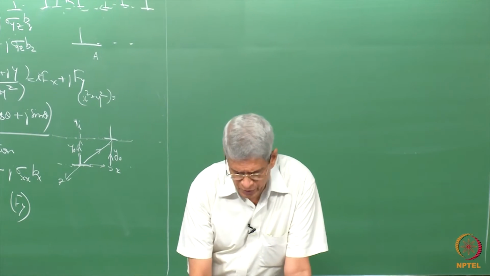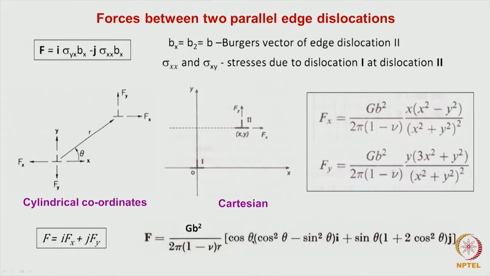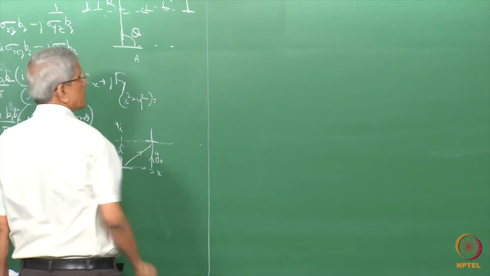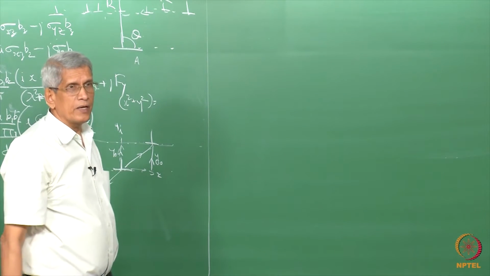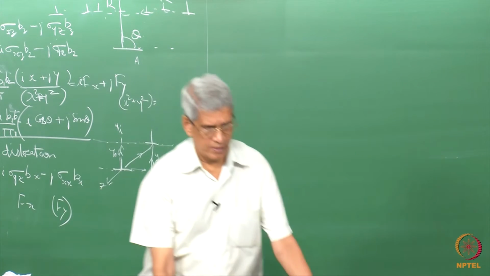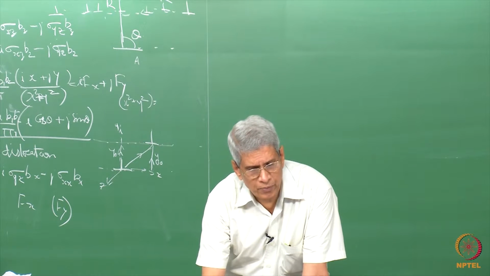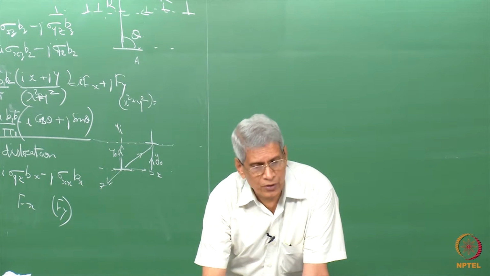Especially let us look with respect to that expression here. When theta becomes 90 degree, that is when this dislocation comes on top of the other one, the force becomes 0, correct.